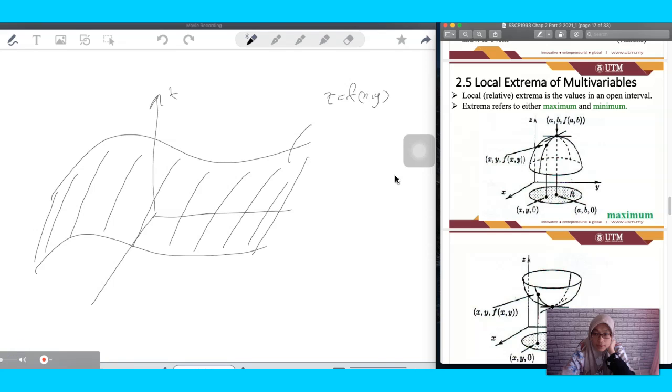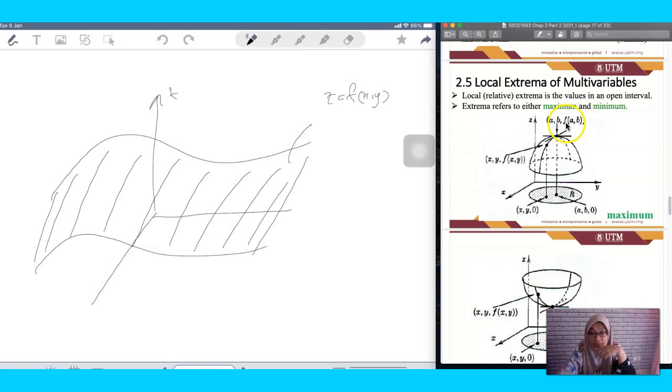Another word for local is relative extrema, and the global one is called absolute extrema. Absolute extrema is not part of the syllabus. We just focus on relative or local extrema.